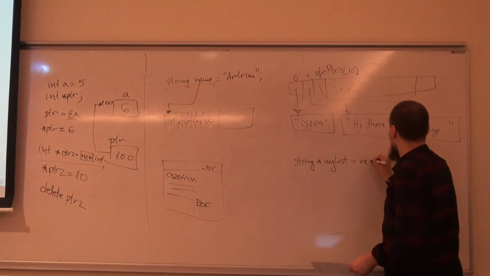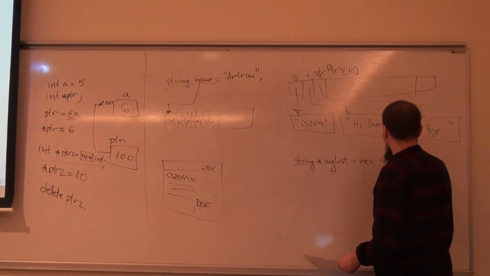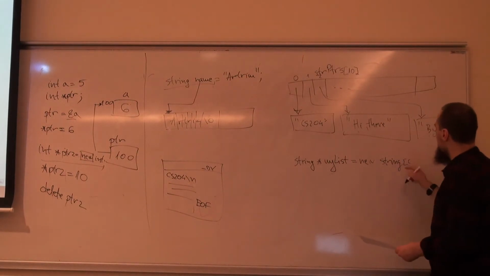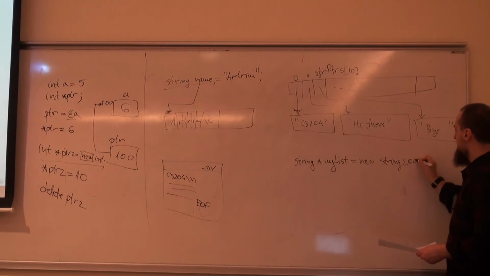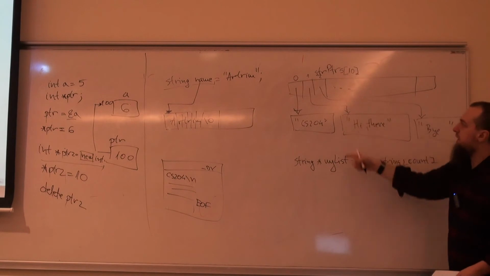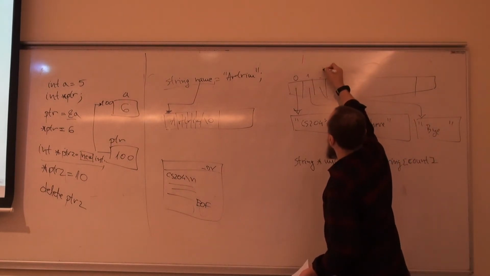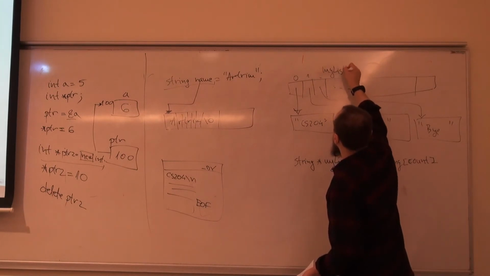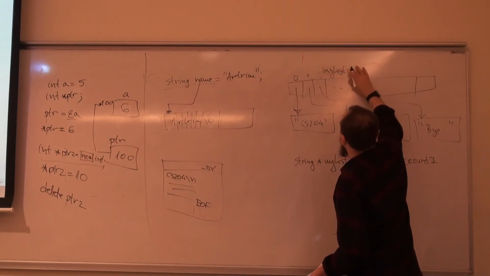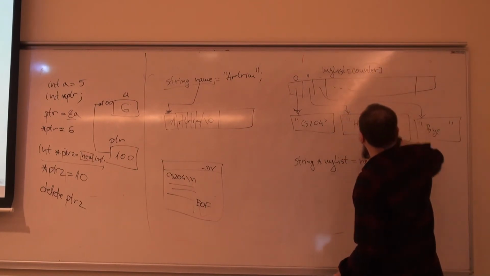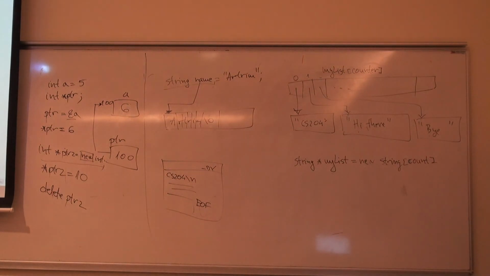When I say new string, only one string is created. But if I put brackets and I put count or size or whatever, then this guy is created. So the name of this guy here is my list, and here we have counter elements. Okay, so far so good.